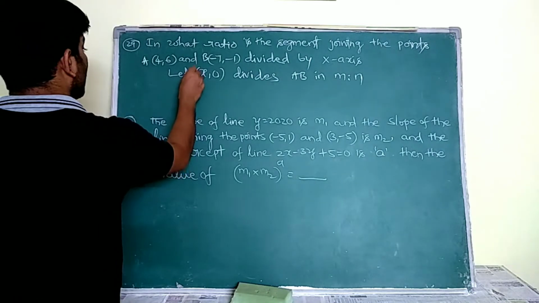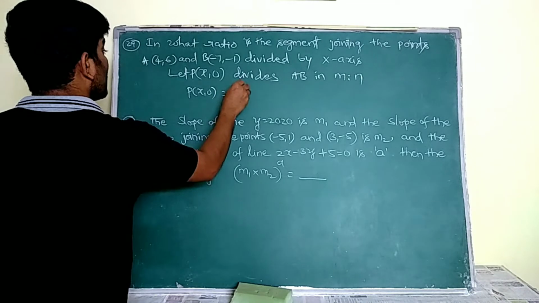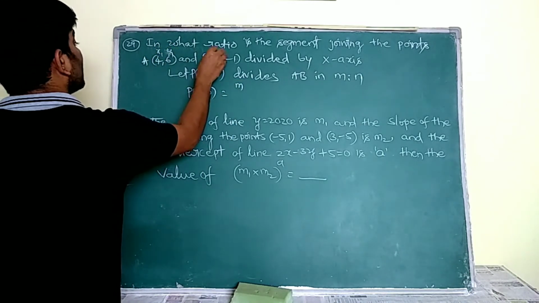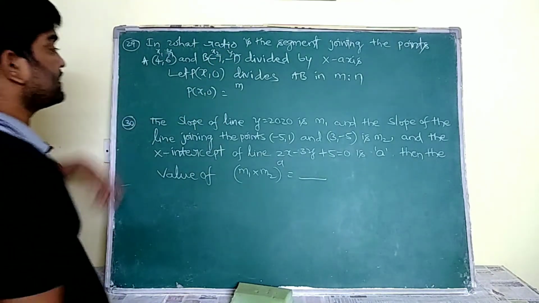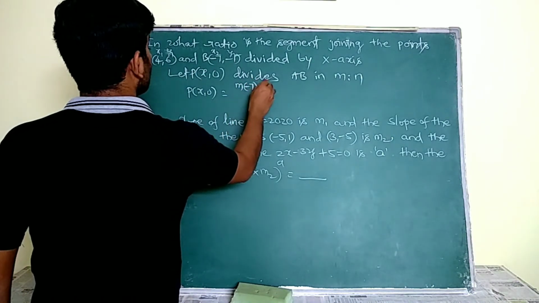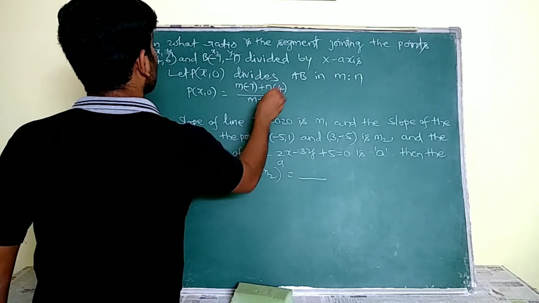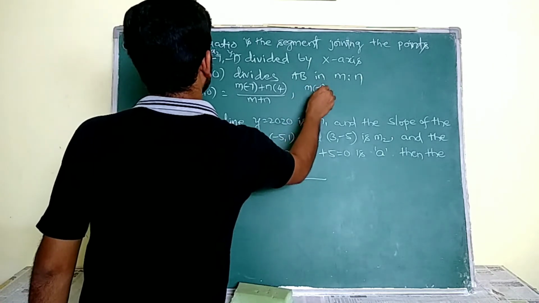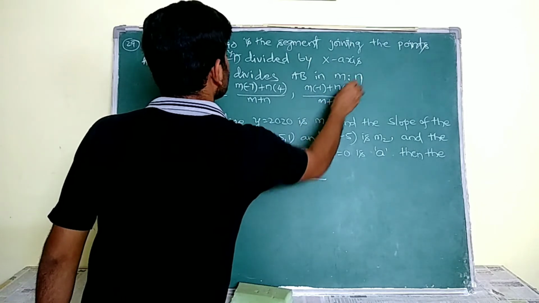Then for this point x comma 0, we know that the point is mx2 plus nx1 by m plus n, my2 plus ny1 by m plus n. Let us take x1 y1 and x2 y2. Use that formula, we know that section formula. So write mx2, x2 in the sense of minus 7, mx2 plus nx1 in the sense of 4 by m plus n, comma my2, y2 in the sense of minus 1, plus ny1 means 6 by m plus n.